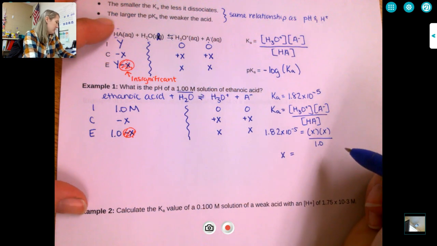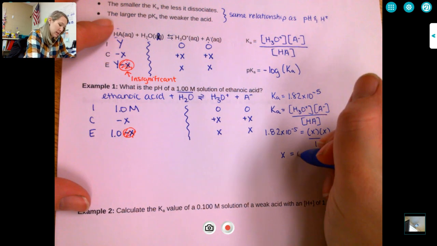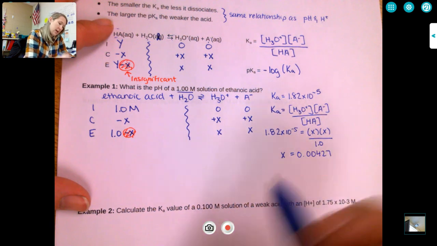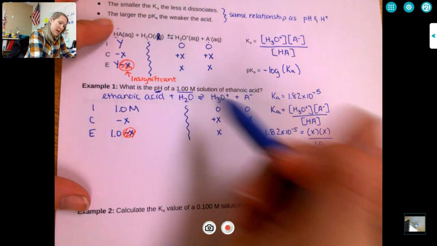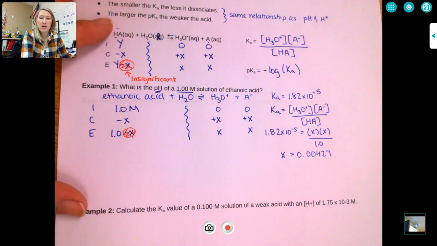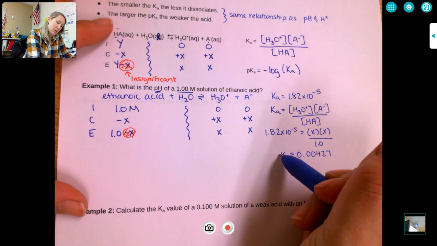Solving for x, right? x squared, so I take the square root of both sides. I get 0.00427. And I am asked to find pH. And I can get pH from my hydrogen ion concentration, which is the same as my hydronium ion concentration.